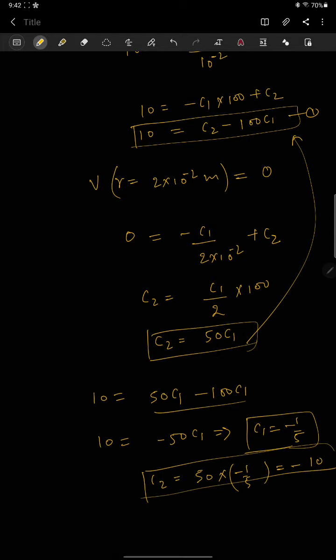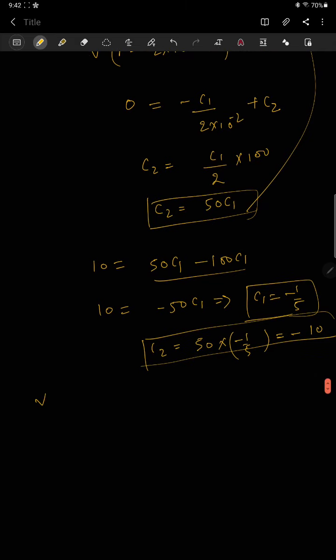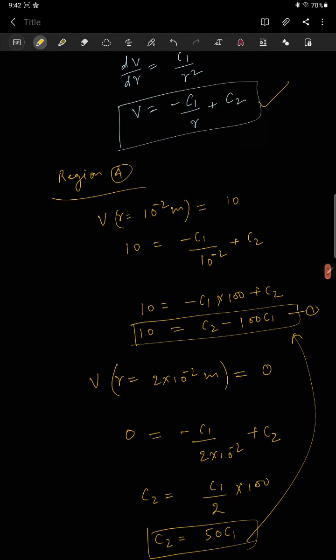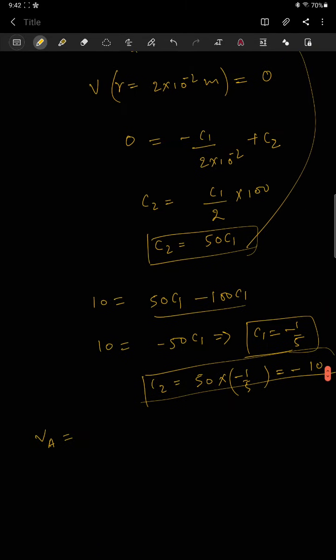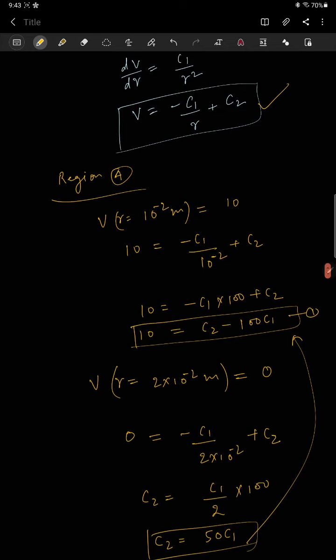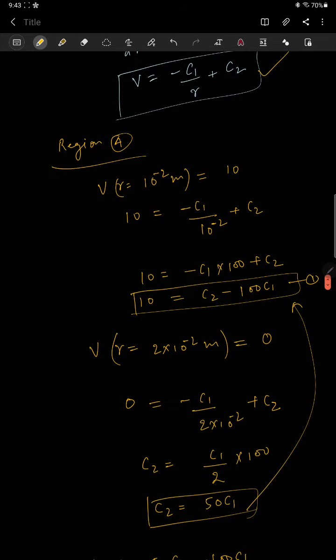And this is C2. The solution in region A is V equals minus C1 by r plus C2, that is 1 by 5r minus 10. This is the solution in region A.